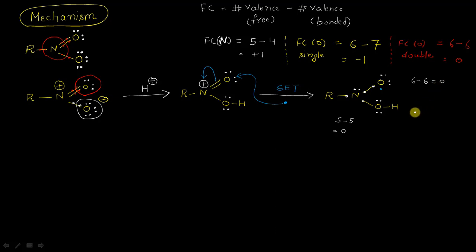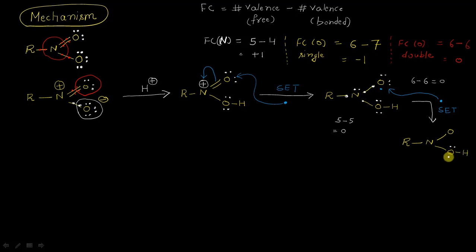So after that, a second single electron transfer will take place. I mean, a single electron will be transferred once again to this oxygen atom like this, resulting in the formation of our single bond nitrogen, single bond oxygen, single bond oxygen having a hydrogen atom.